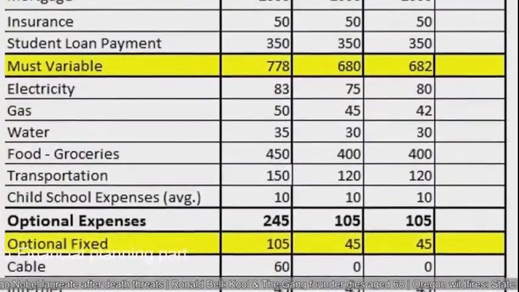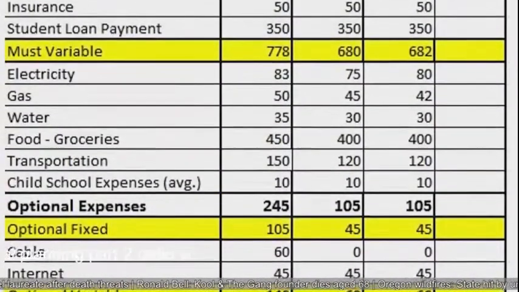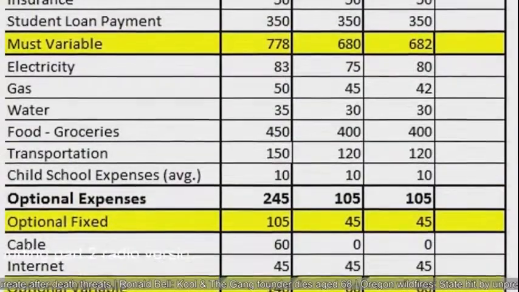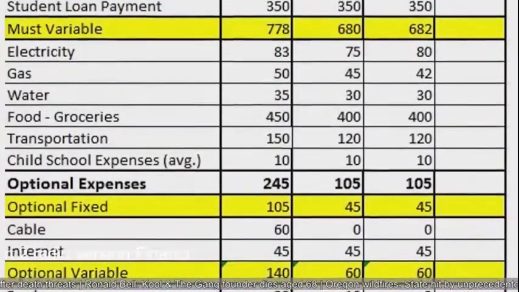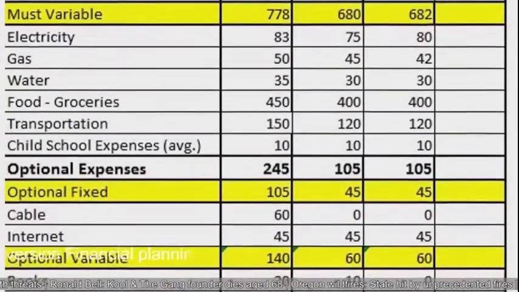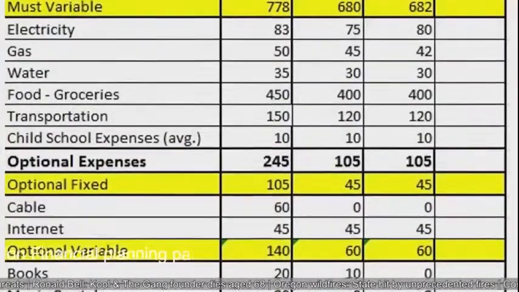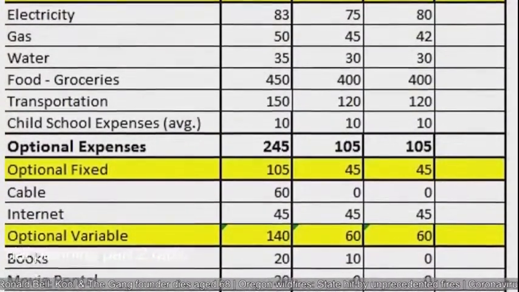Water was $35 last month. This month they budgeted $30 US. Food and groceries, the previous month they had spent $450. This month they budgeted to reduce that by $50 to $400 US. Transportation, which was $150 last month, this month they budgeted to reduce that to $130.